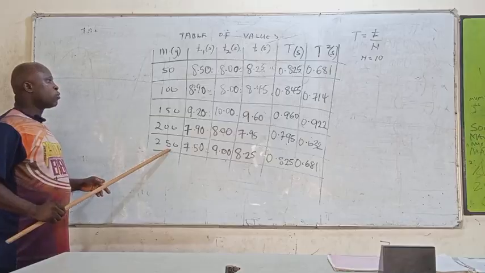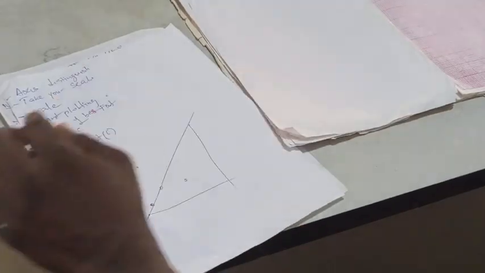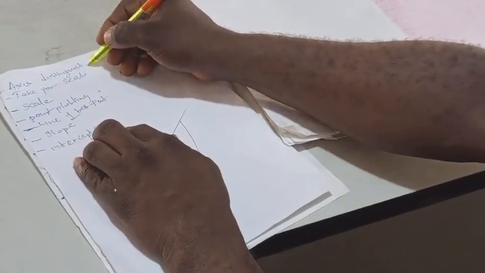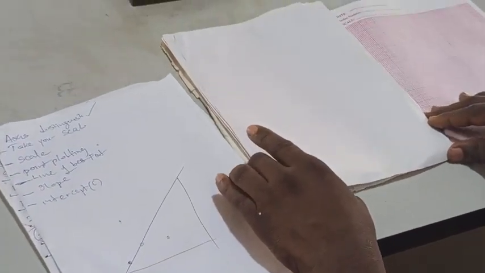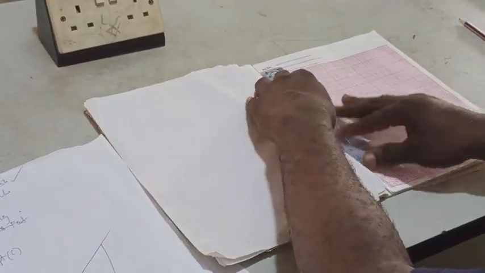So we'll now go to plot the graph. In the graph plotting, our content will be distinguishing the axes. For us to distinguish the axes, the first thing we do is take a box out.